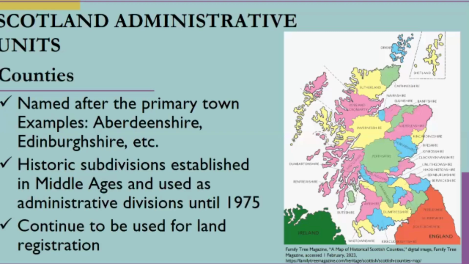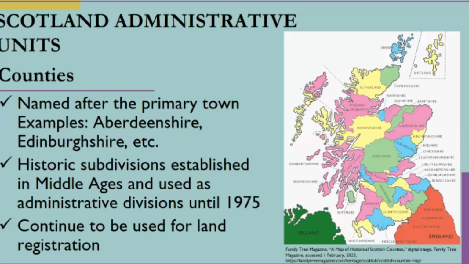So let's start with the counties first. Counties were usually named after a primary town. So for example, if Edinburgh was the primary town in the county, it would have been called Edinburghshire or Edinburgh County. These are historic subdivisions. They started back in the Middle Ages. They are not used anymore since the 1970s.